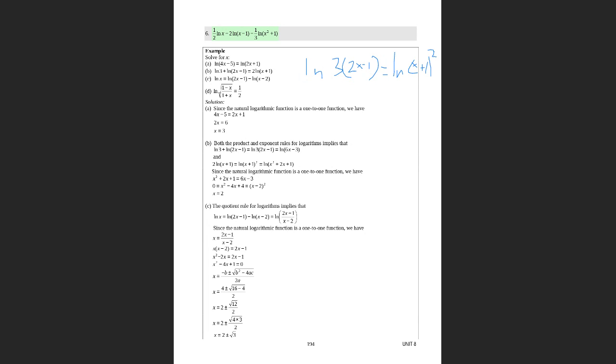Then you can easily cancel out the ln, and you solve it quadratically. It has been solved here, so you can easily see it.